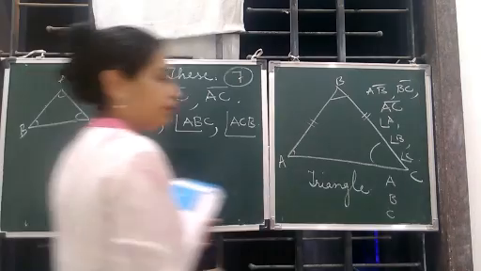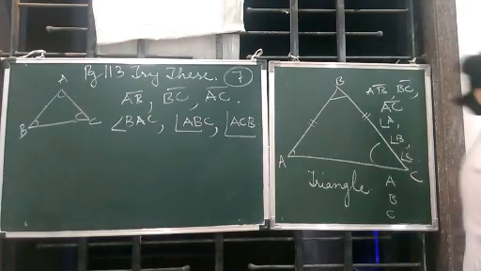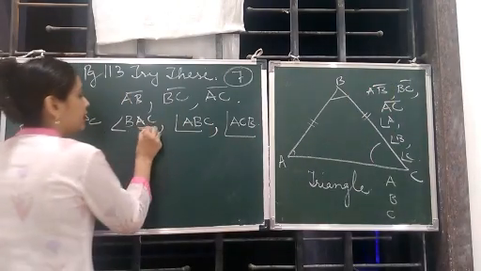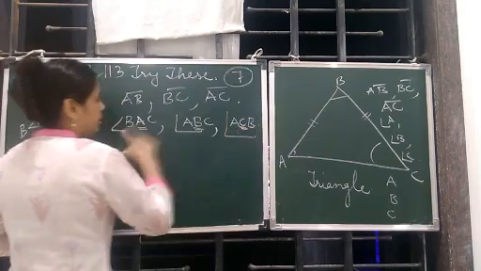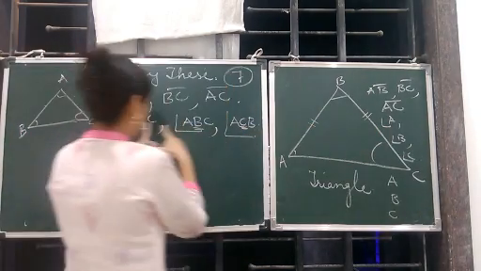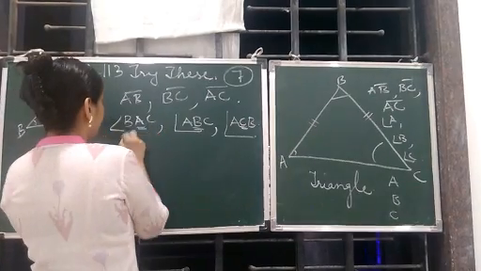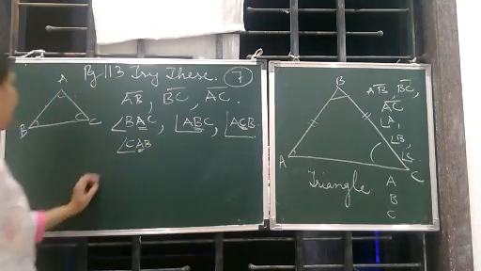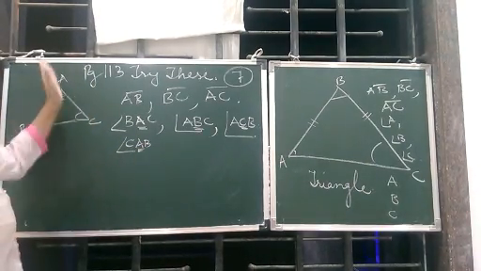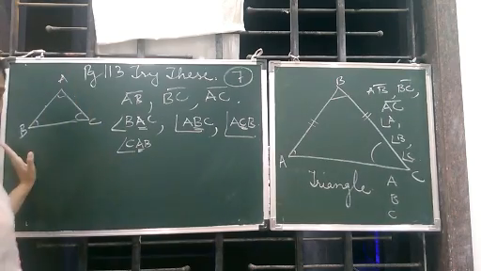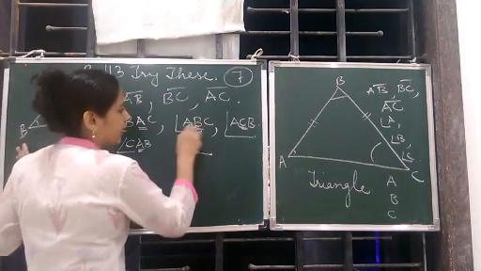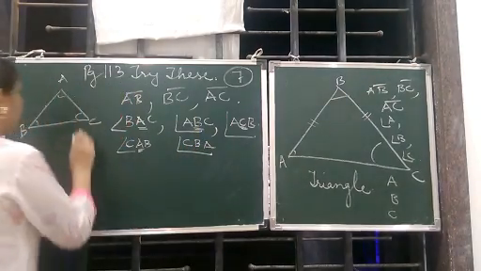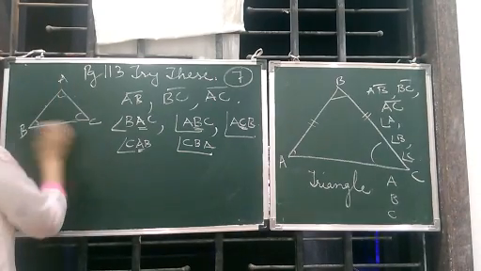Always remember, when we are mentioning an angle, the vertex should be in the middle. You can see angle A, BAC. This can also be written as CAB. It will mention the same angle. Either you write BAC or CAB. Similarly, ABC can also be written as CBA or ABC.